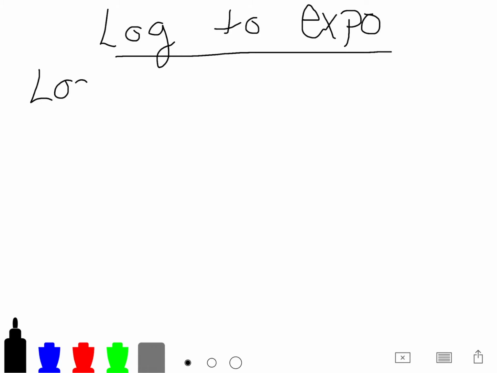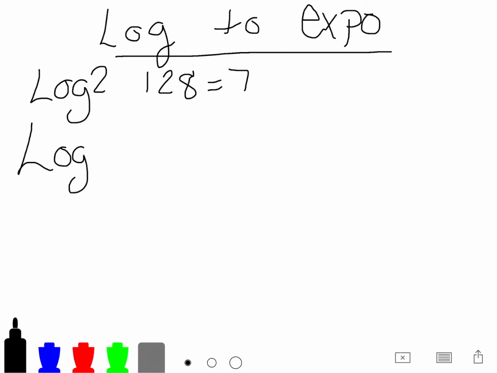So on your notes, it says log 2 128 equals 7. What that should be is log base 2 of 128 equals 7. So it just printed funny. So when you do the practice problems D, E, and F, make sure that you write it out correctly so you can actually get the right answer.